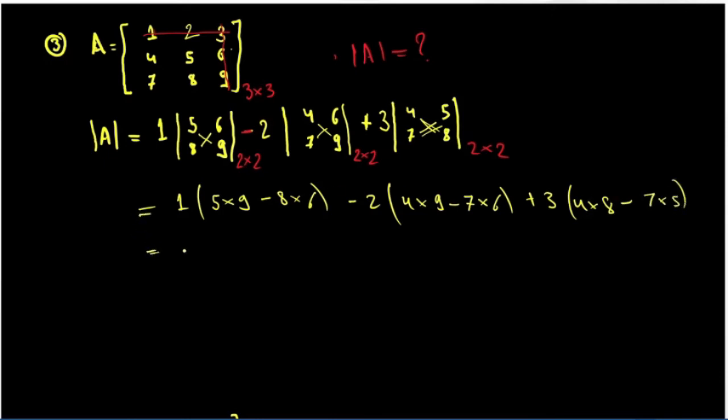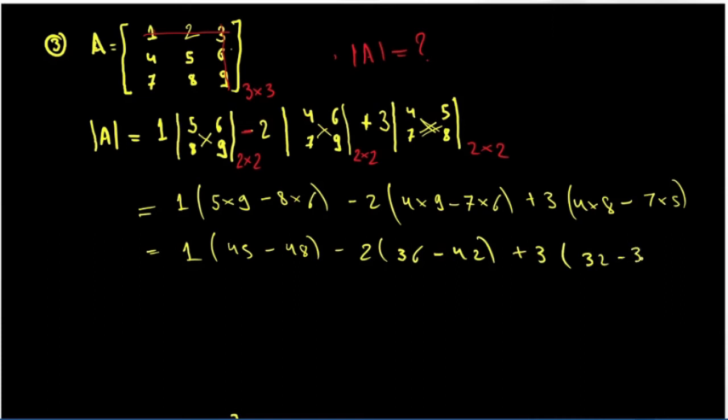So if I solve this, I will get 1 into 5 into 9, 45, minus 8 into 6, 48, minus 2, 4 into 9, 36, minus 7 into 6, 42, plus 3, 4 into 8, 32, minus 7 into 5, 35. So if I solve this, I will get 1 into minus 3, minus 2 into minus 6, plus 3 into minus 3.